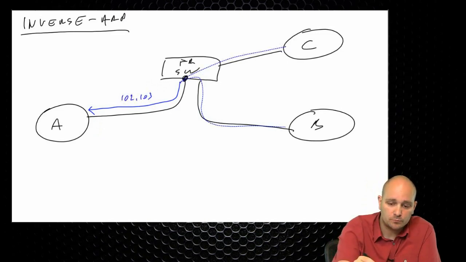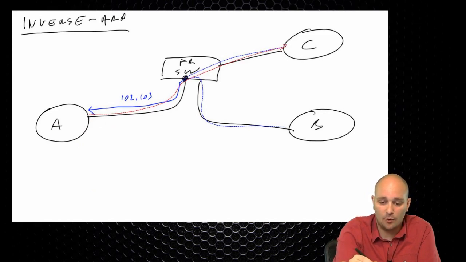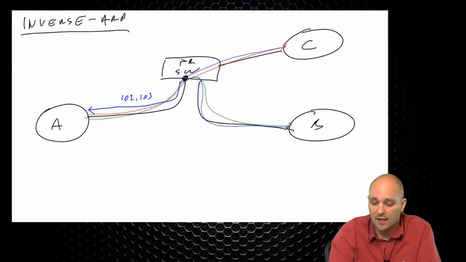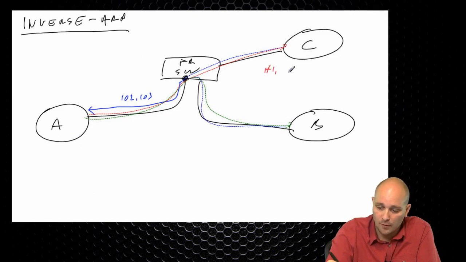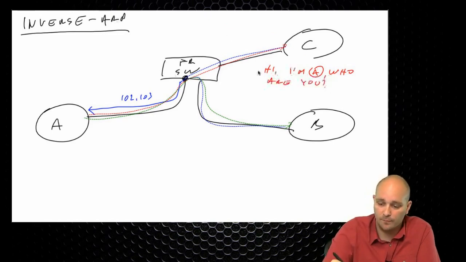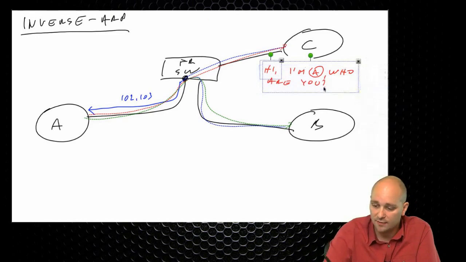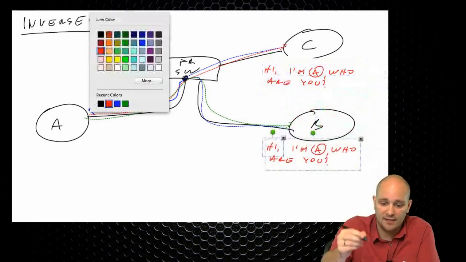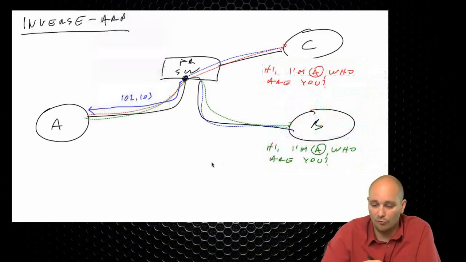So what A here can do is it can send out a request down DLCI 102 and down DLCI 103, basically saying, hi, I'm A, and ask, who are you? Now, the same question A is going to ask of B, except this is happening over another DLCI.